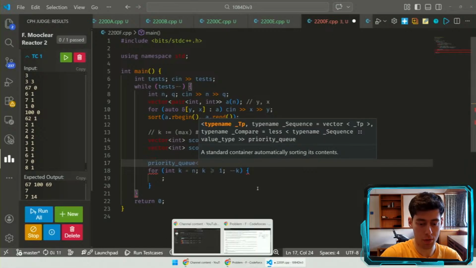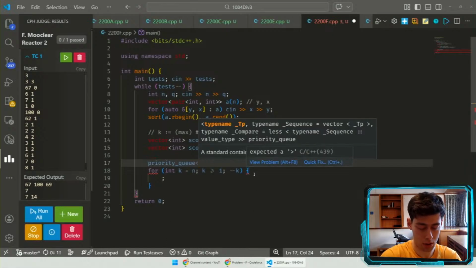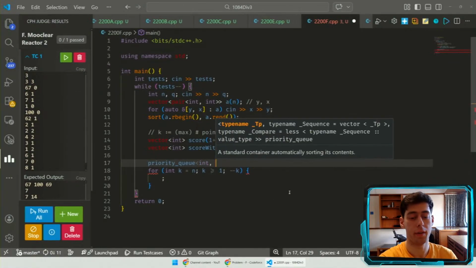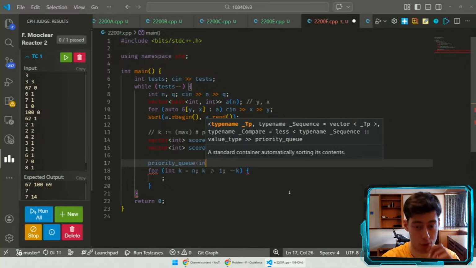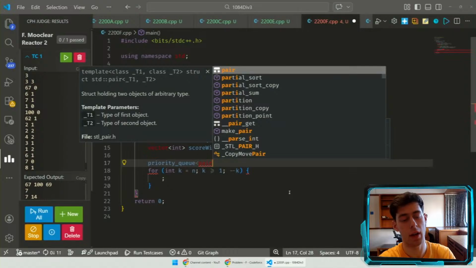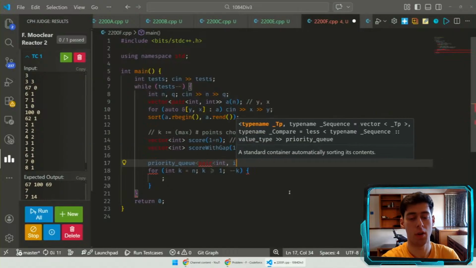Wait, is priority queue default max or min? It's max, so I need to switch it to min. Priority queue, the values in it will just be, they need to be tagged with their x values so they can be sorted.